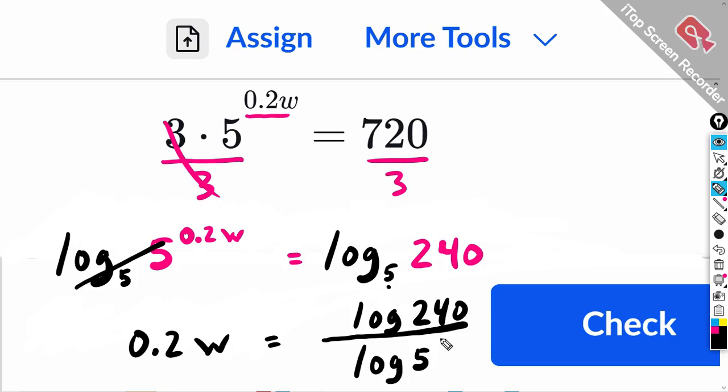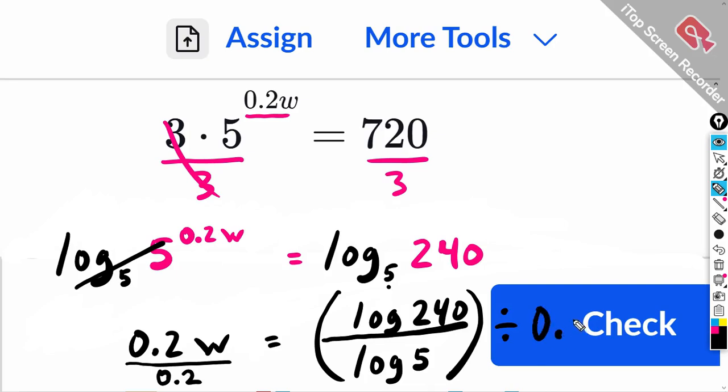Finally, last step, solving for w. w is times 0.2. The opposite is divided by 0.2. So I'm going to take this entire fraction, and after I solve for it, I'm going to divide by 0.2 for the last step. Let me do this on the calculator.